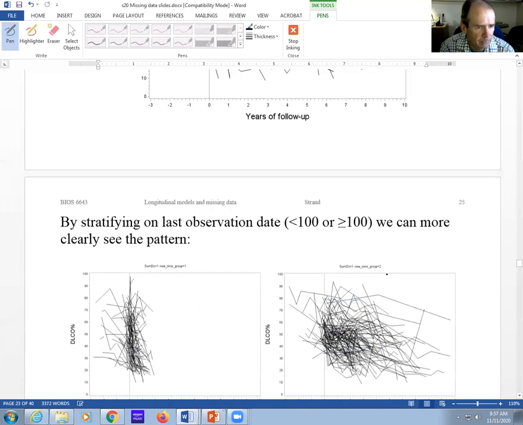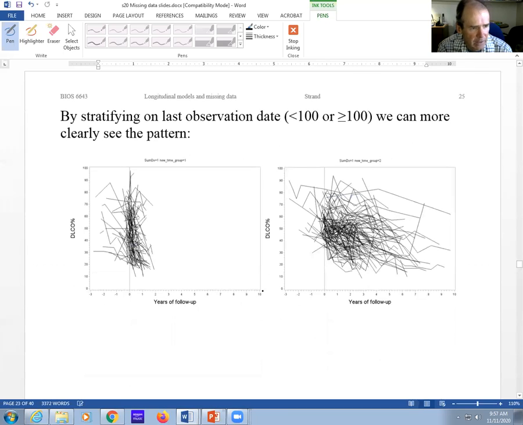So if you stratify on years of follow-up, and you take subjects that had their last observation date less than 100 days from diagnosis and those that were at least 100, you can see the patterns then a little more clearly, that the subjects that had more follow-up didn't drop as steeply compared to the ones whose last observation date was within a couple years, right?